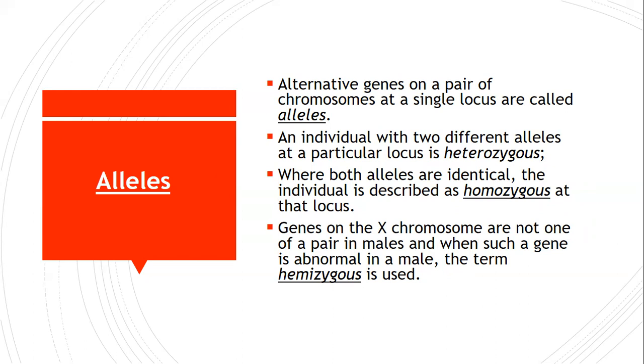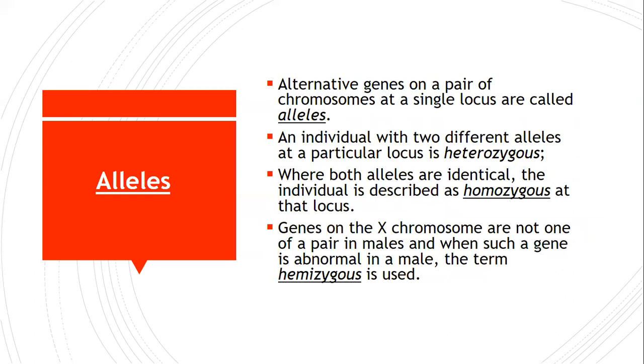An individual with two different alleles at a particular locus is heterozygous. If the two genes inherited from both parents are different, then that individual will be called heterozygous. When both alleles are identical, the individual is called homozygous.